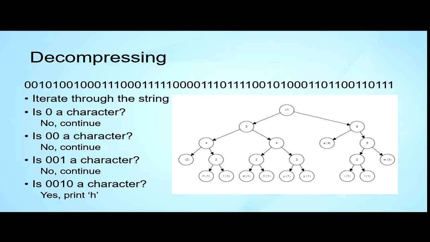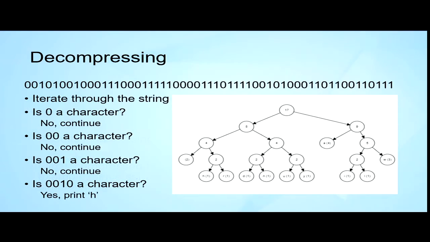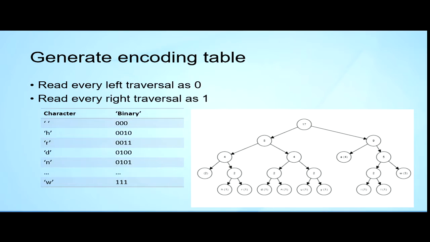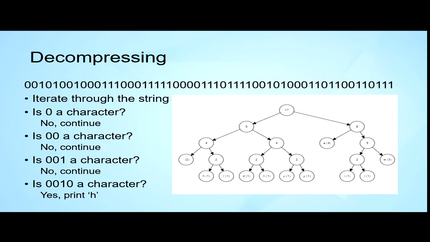However, Huffman coding is actually not that impressive for short strings, because the amount of space needed to serialize the binary tree is longer than what the 136 bits to 55 bits advantage saves.